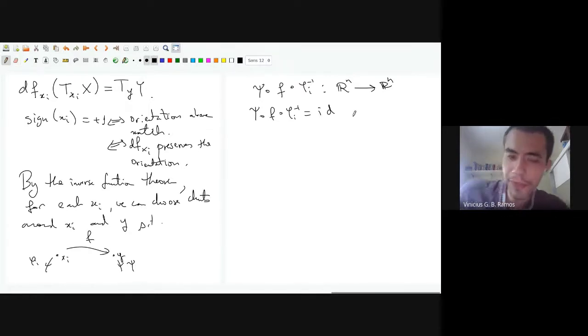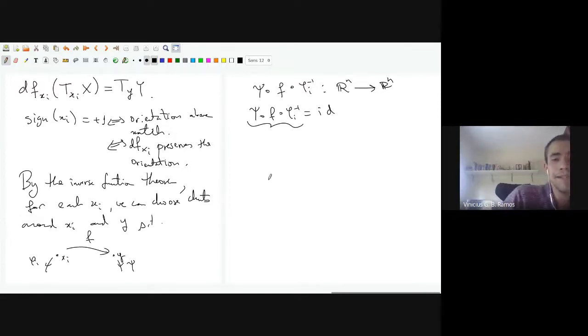But now you actually have to be a little careful, because I don't actually need this map to be the identity, but I want it to be orientation preserving. I want to look at this map just from Rn to Rn.